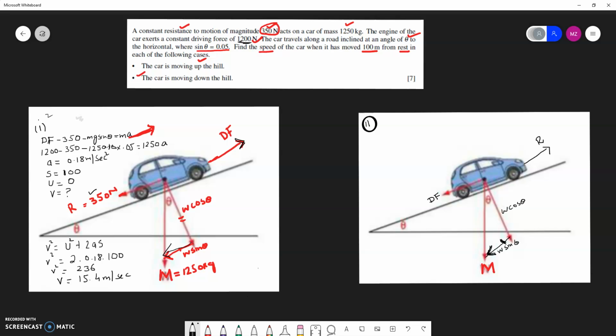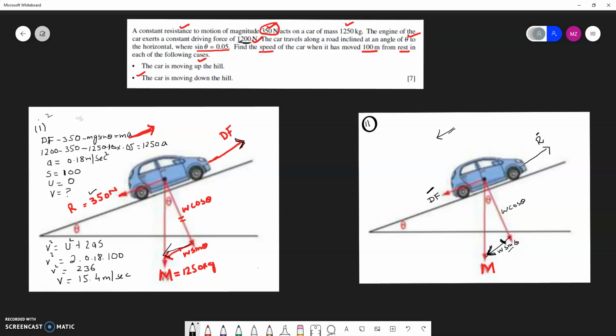So its direction is in the downhill direction. Since in the second part we are assuming the car is moving downhill, these two components, this driving force and this component of the weight, will be taken as positive, and this resistance force will be taken as negative.